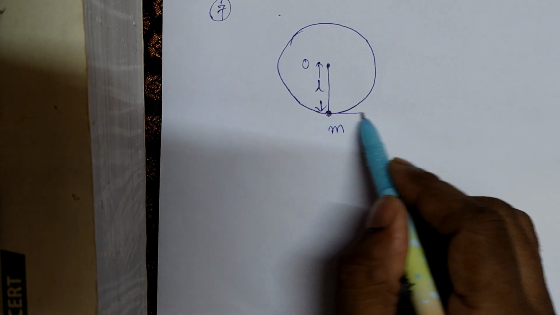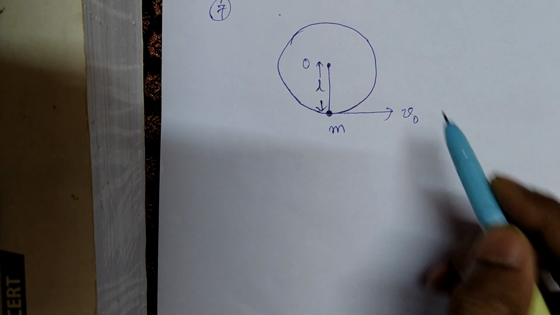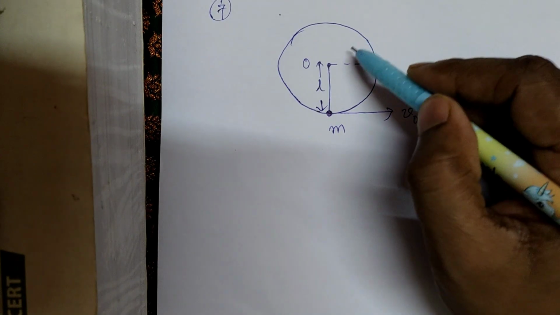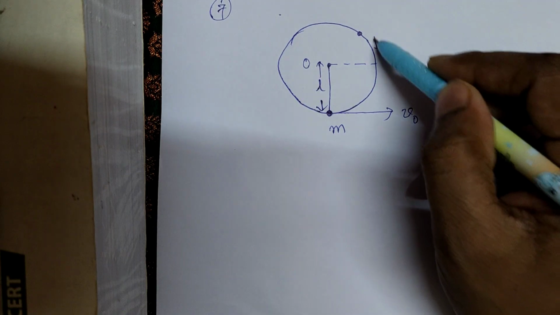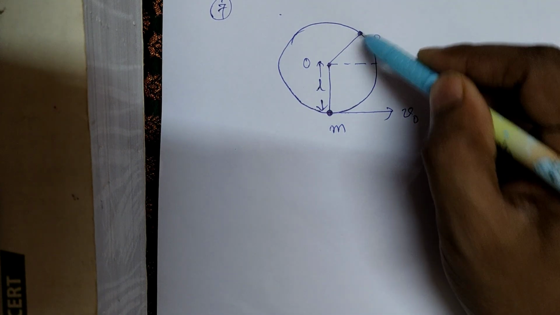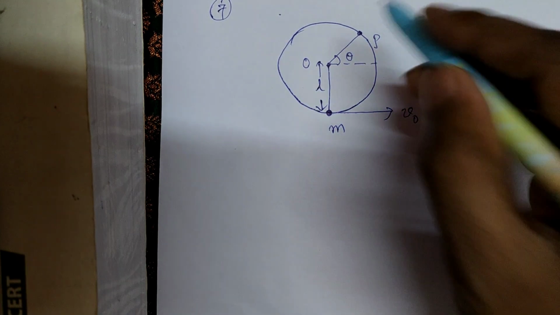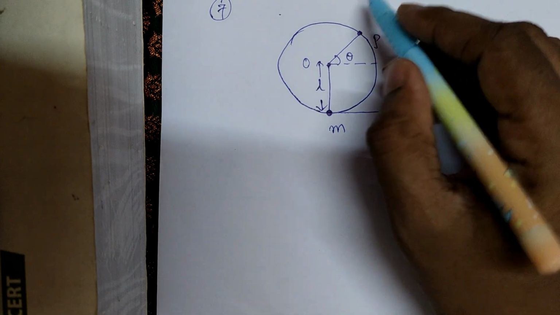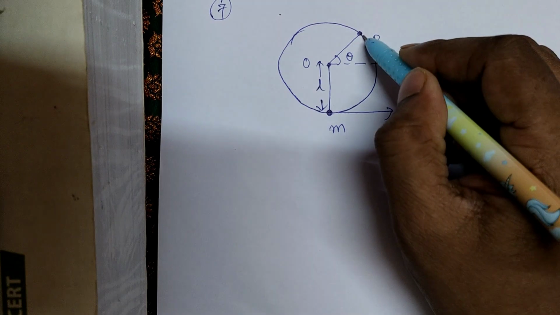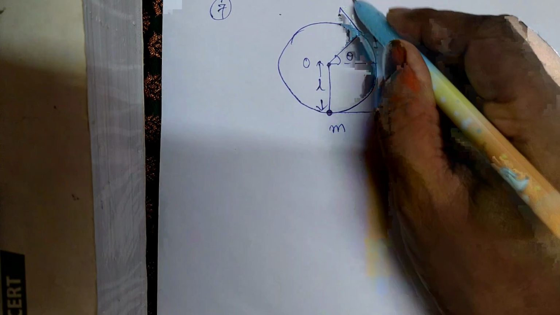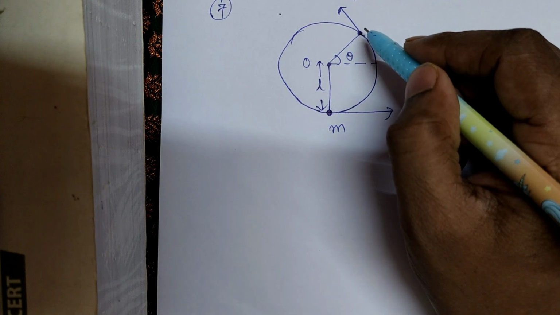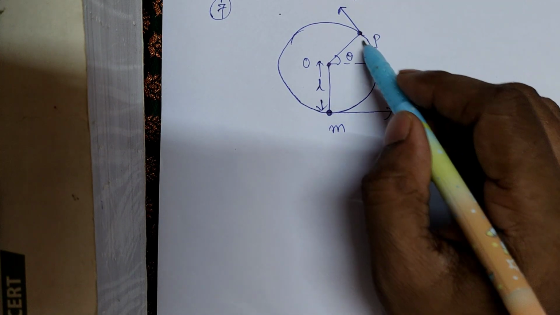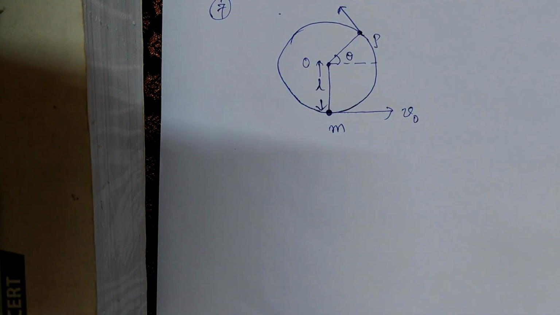So here the horizontal velocity is v0, and this is the horizontal line. At some point P, it makes an angle theta, and at point P the velocity is given as v. So this is the velocity v, right? And the velocity will be along the tangent, right?